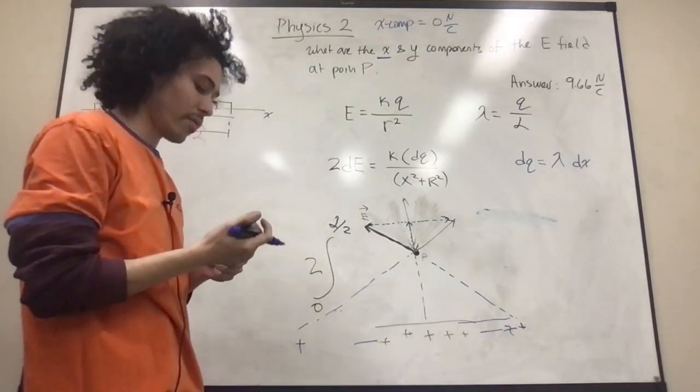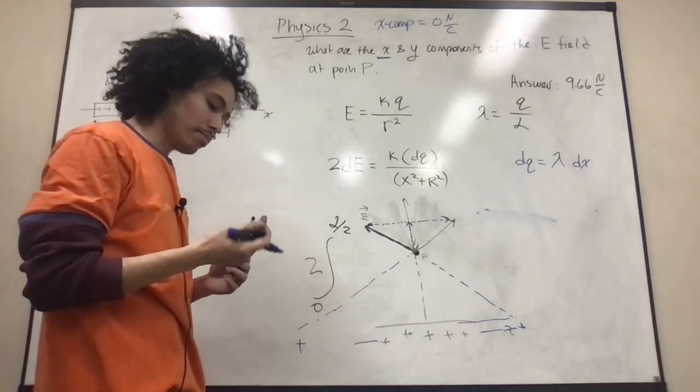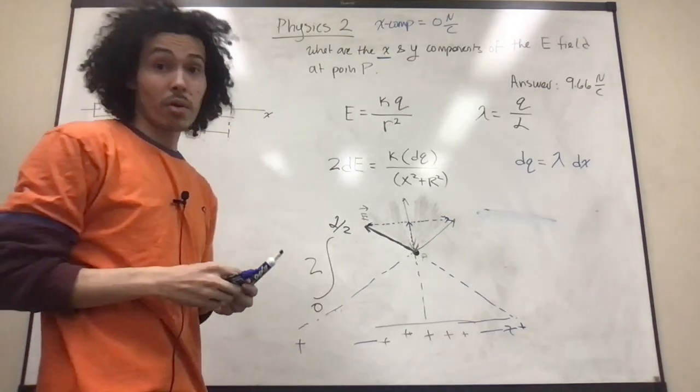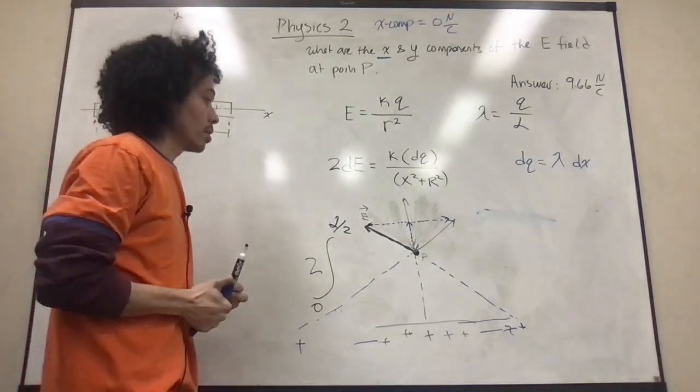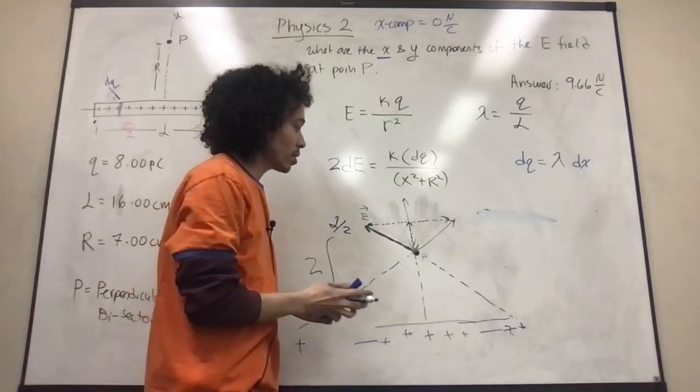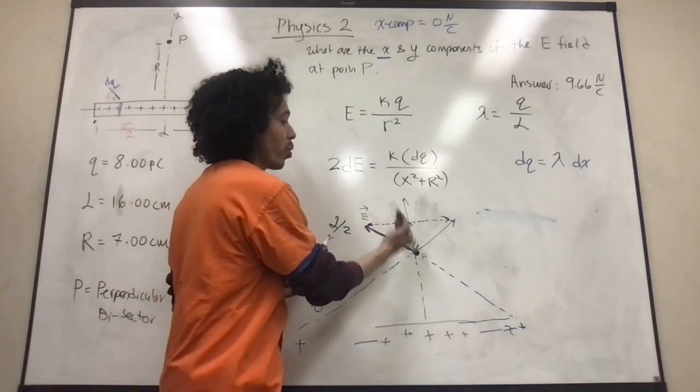The second half of the question is about the y components. It doesn't seem like any arrows are pointing downwards; they're all pointing upwards.